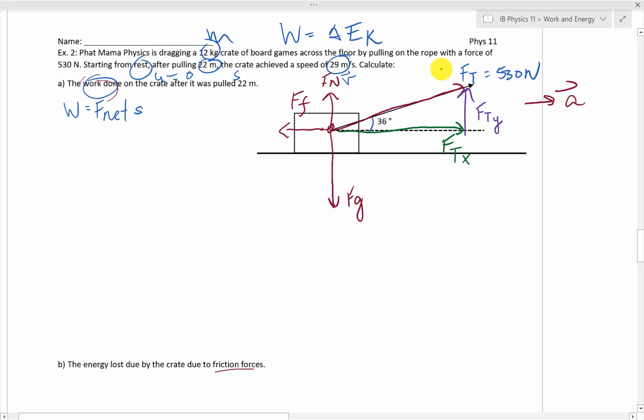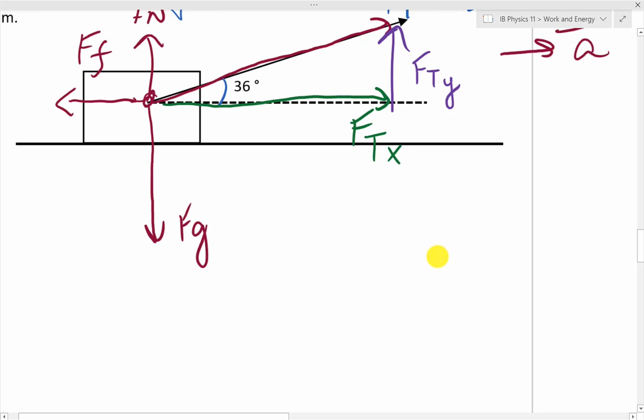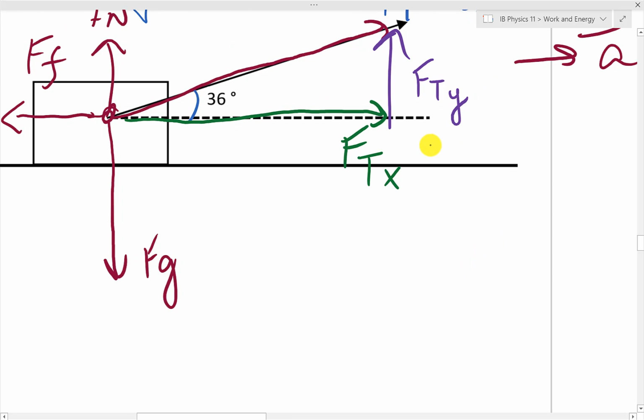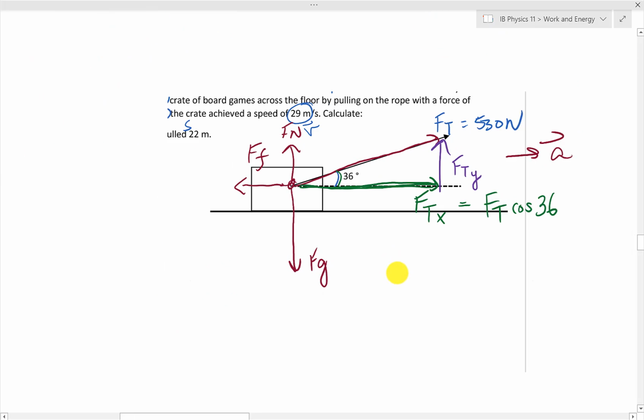Since we're not going to care about the vertical forces, with no acceleration in that direction, not even the F net, let's go in here and just write down what Ftx is. It's adjacent to the 36-degree angle, with the hypotenuse being Ft. We are going to write this as Ft times the cosine of 36 degrees because we're going to use that later.